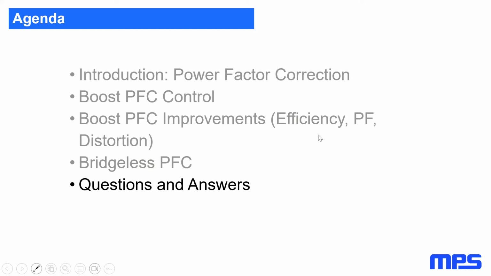Next one is, because for 440 volt input, GaN would not be sufficient, right? Yeah, this is a good point. In that case, maybe silicon carbide should also be considered instead of GaN and instead of silicon MOSFET.